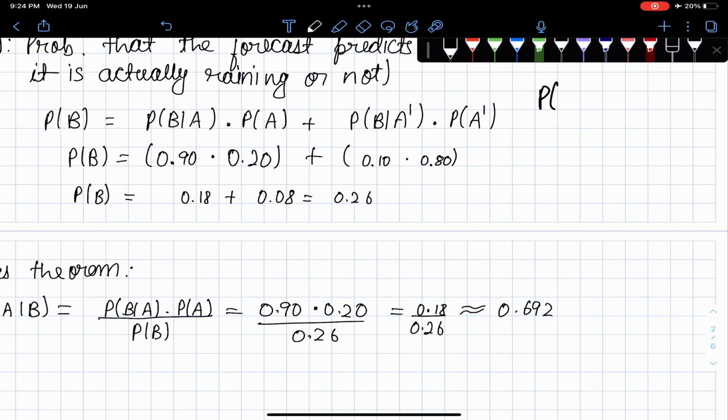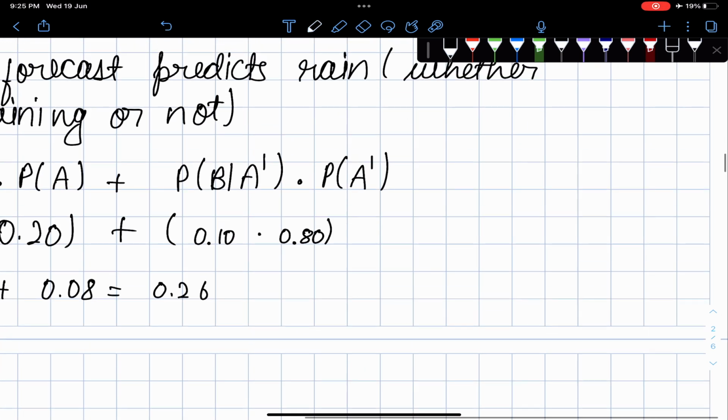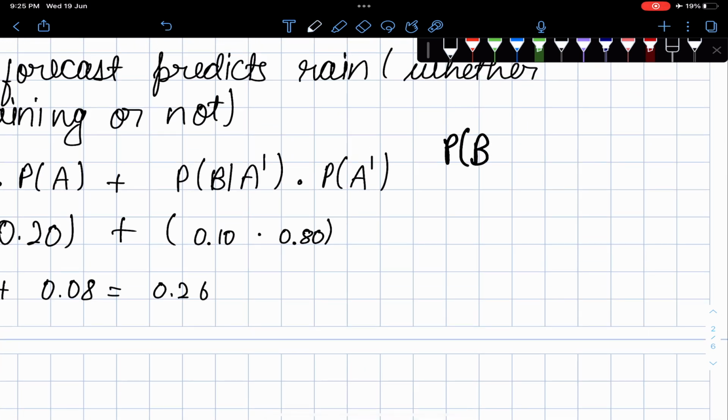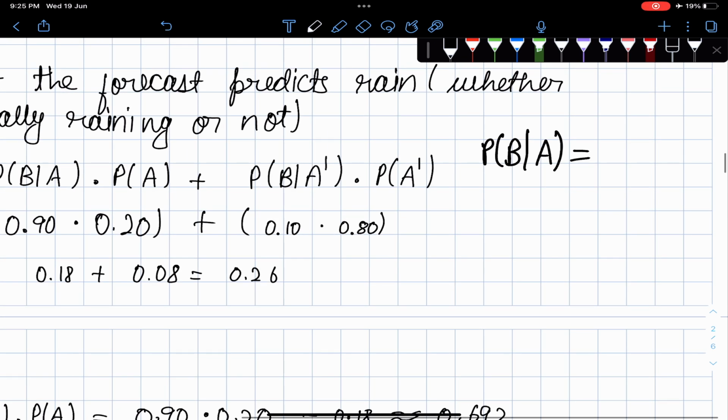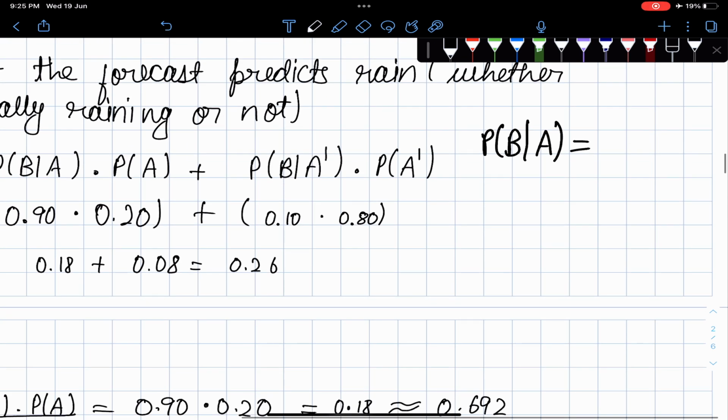What is the probability of A given that it will rain or not? Sorry, it won't be like this. It will be the probability that it predicts it is raining, but it is actually raining. What will it be?